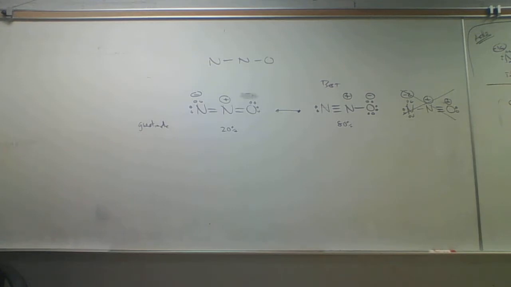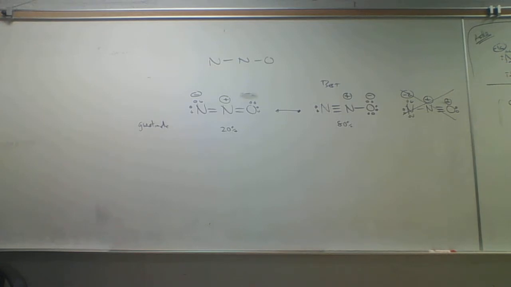Well, oxygen is a lot more electronegative. Not a lot, 3.5 versus 3, but more. Oxygen is more electronegative, so the hydrogen goes on the oxygen, not on the nitrogen. And so it creates an asymmetry to the structure here. And so then we complete everything, and we end up with a structure that looks like this.